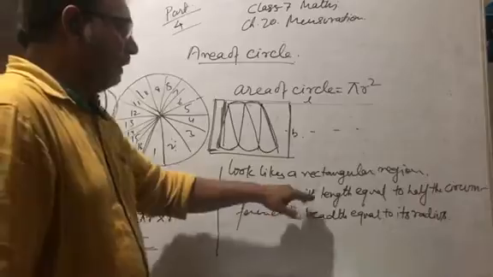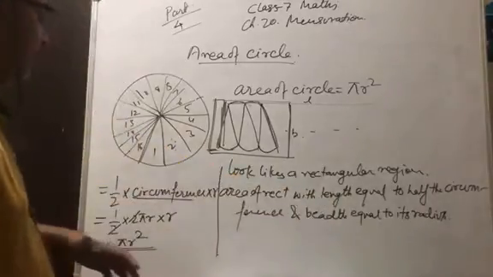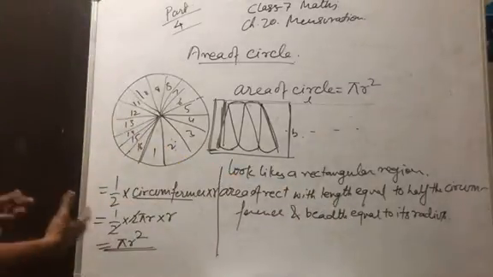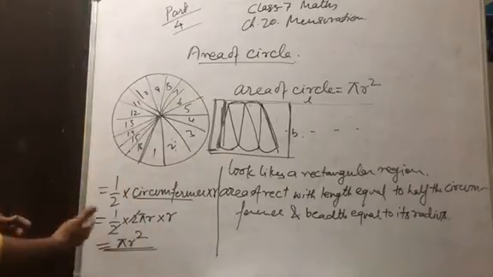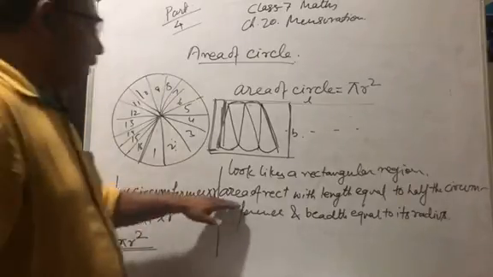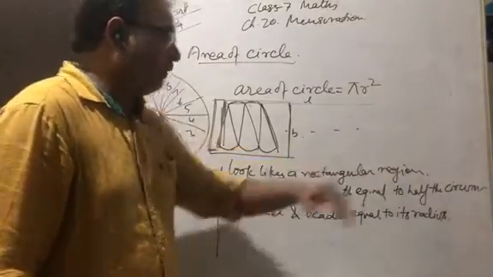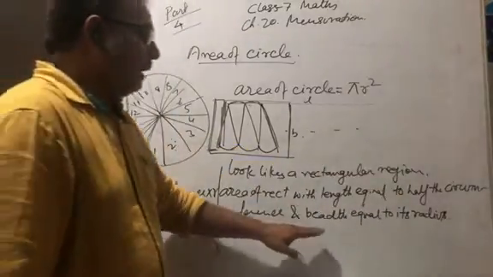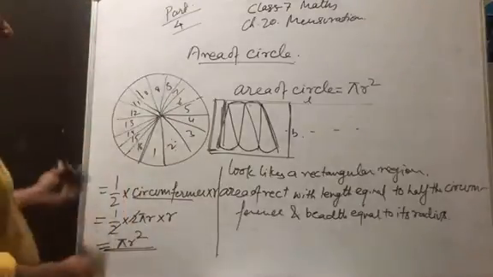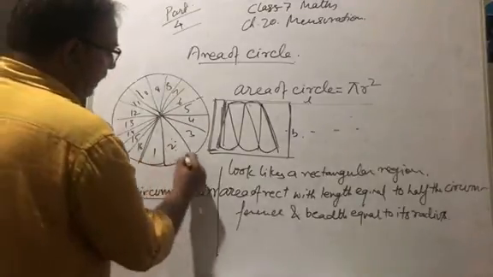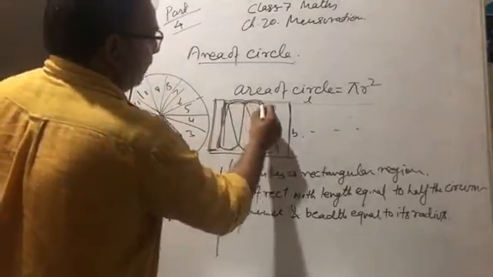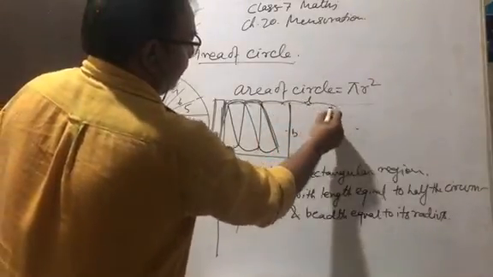Now we are deriving the formula for the area of the circle. So we take the area of the rectangle with length equal to half the circumference and breadth equal to the radius, placed one by one like this.